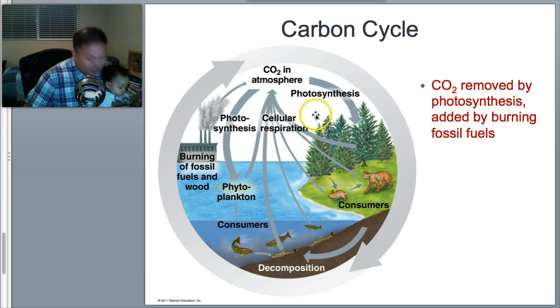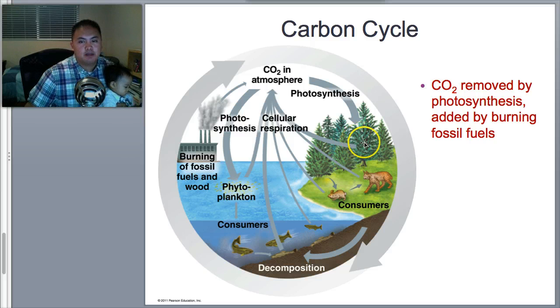When we breathe in oxygen and breathe out carbon dioxide, that's called respiration. When plants take in carbon dioxide and breathe out oxygen, that's called photosynthesis. So this is what the cycle should look like, just this.